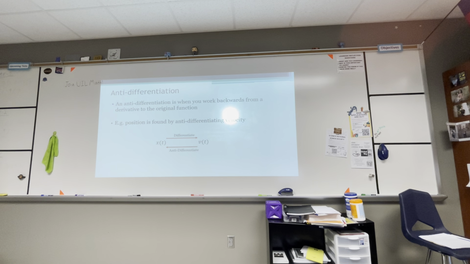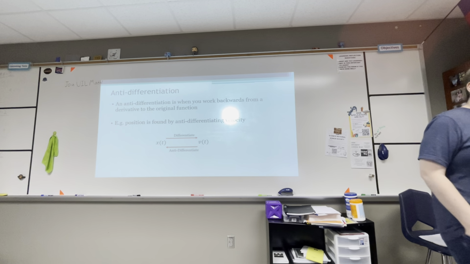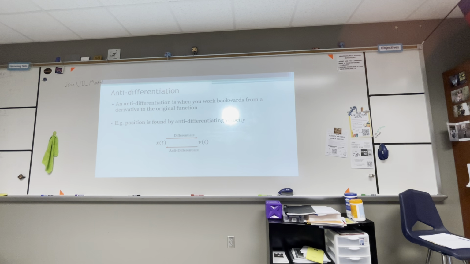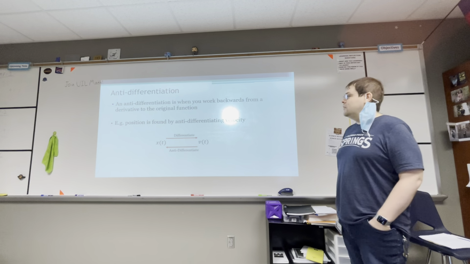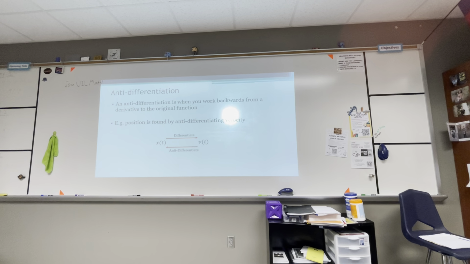Remember when we differentiated, there were those rules that we had? Those aren't all the rules, but those are the ones we are concerned with because they're the big ones that come up more often. One of them was if we had a constant. If we take the derivative of a constant, what does that give us? 0.